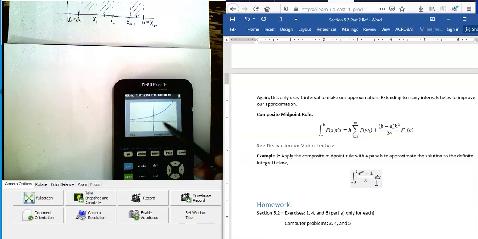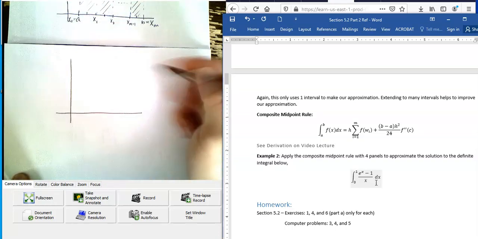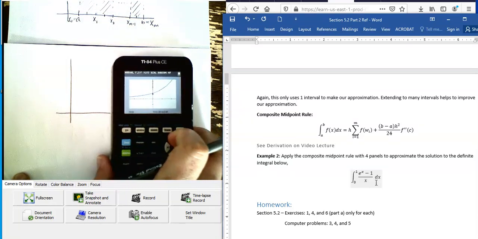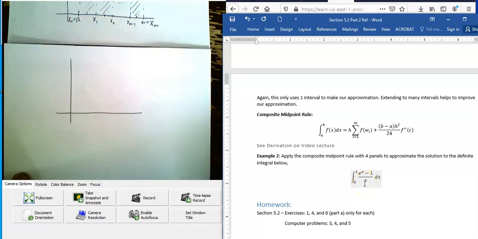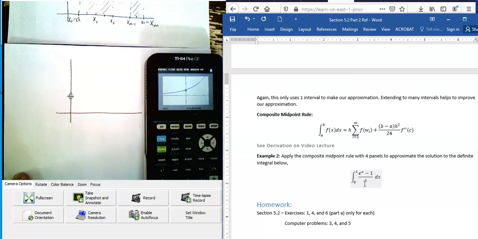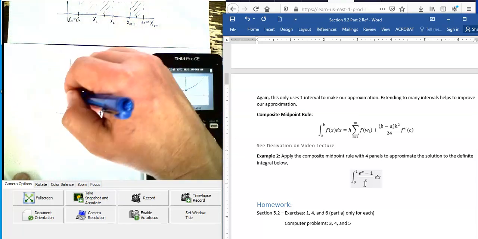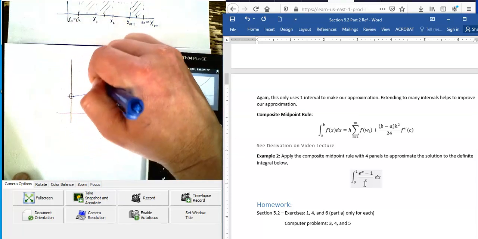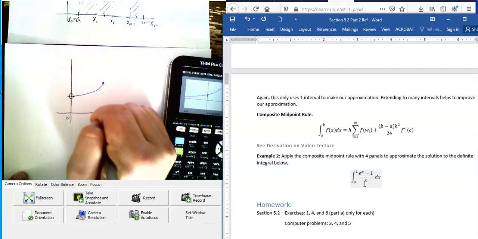We're looking at this interval right here, 0 to 1. So let's graph that. Also note that a discontinuity occurs at x equal to 0. In fact, that is a removable discontinuity. So when we have our graph, we have a hole at 0, and then the curve extends to 1.